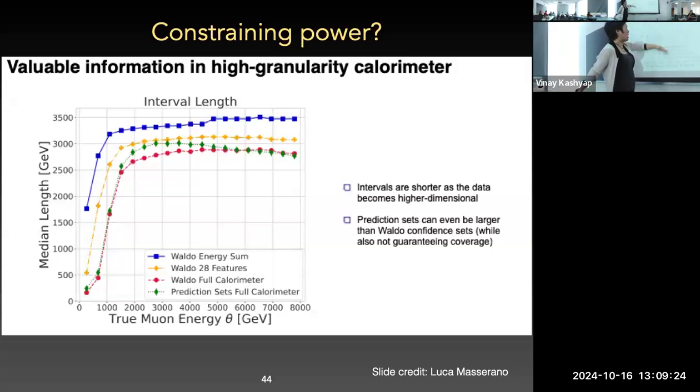But if I use a more granular one, I get higher constraining power. Of course, part of it is numerical, maybe we could do even better, but at least that's what we can do. And just for reference, we also put in the prediction sets. They're not valid, but it's just to show that it's actually better than the prediction sets with the whole 50,000.